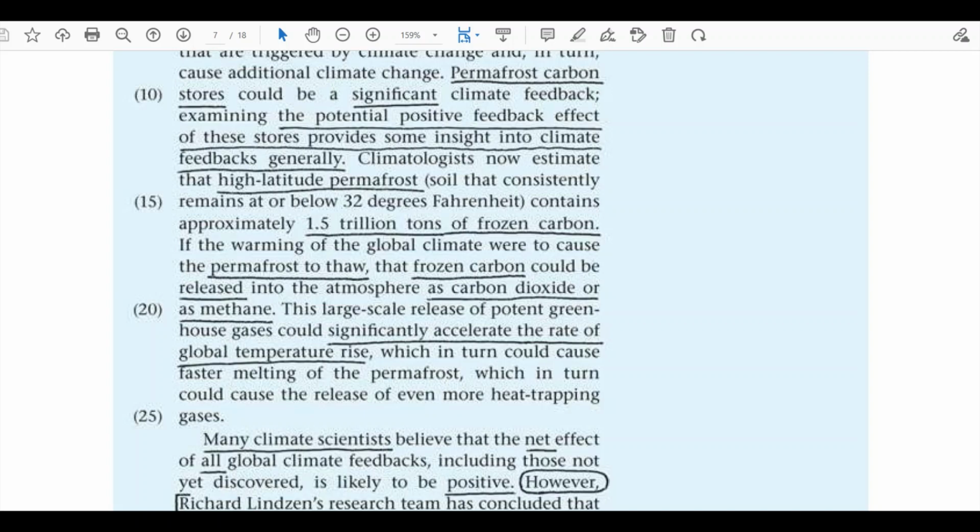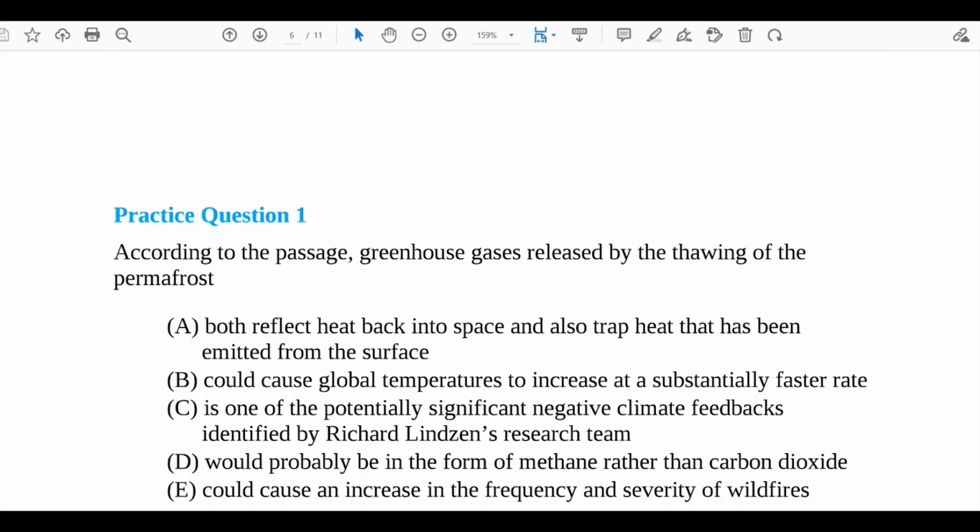This large-scale release of potential greenhouse gases could significantly accelerate the rate of global temperature rise, which in turn could cause faster melting of the permafrost, which in turn could cause the release of even more heat-trapping gases. So you turn to your answer choices here.